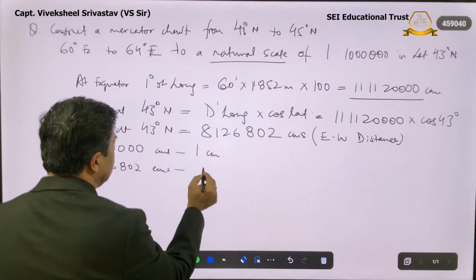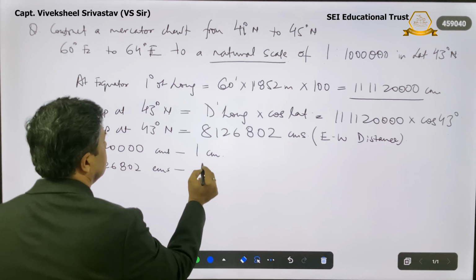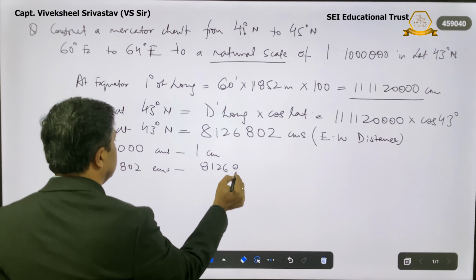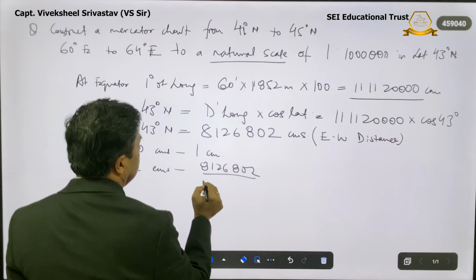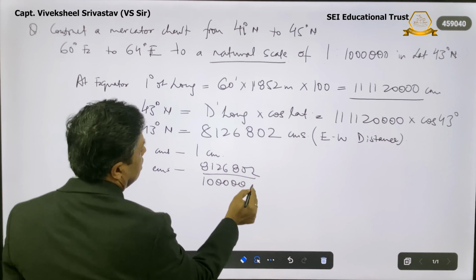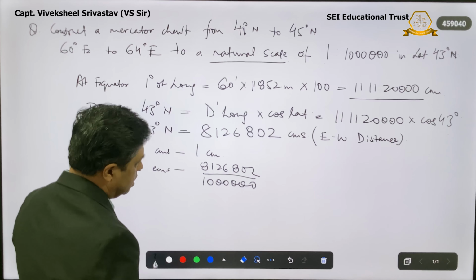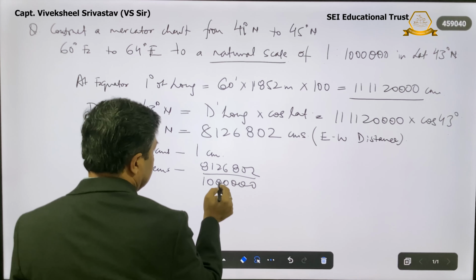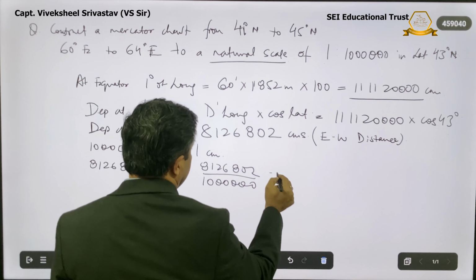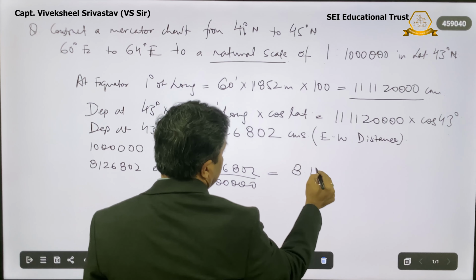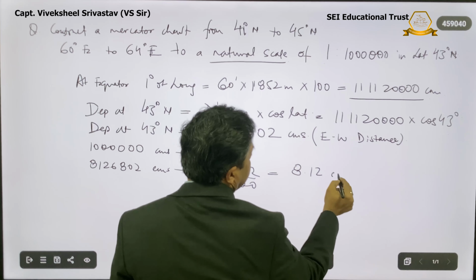So you divide it by 10,000,000. So 8126802 upon 10,000,000. So you'll get 8.12 centimeters.